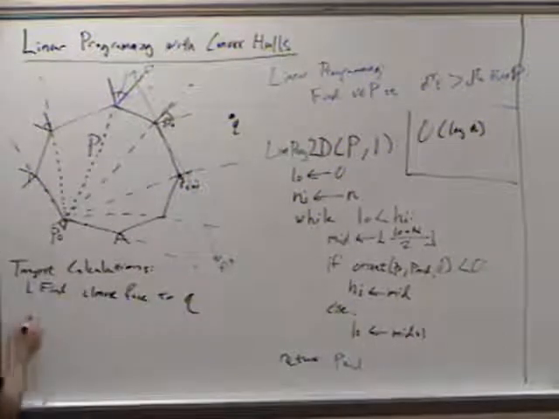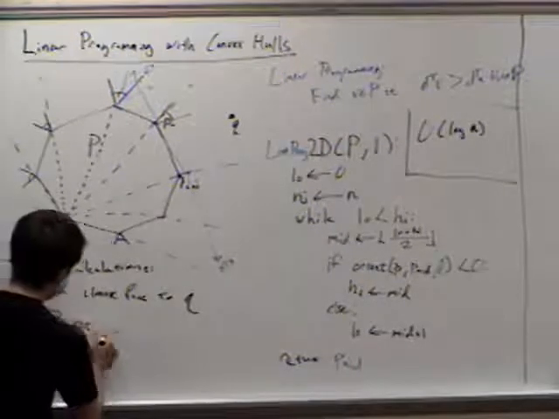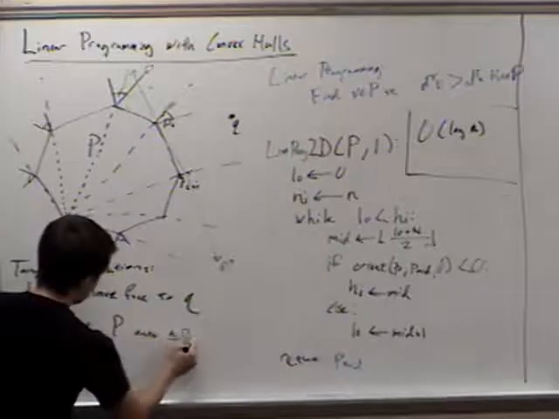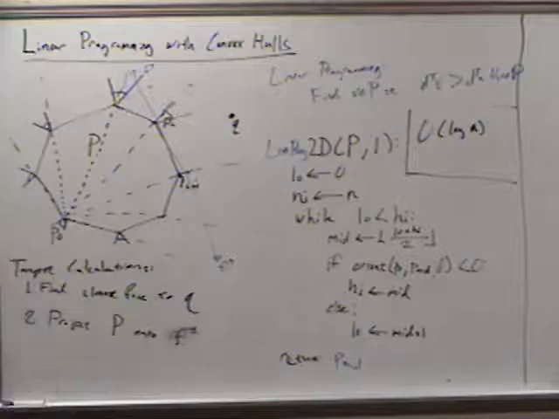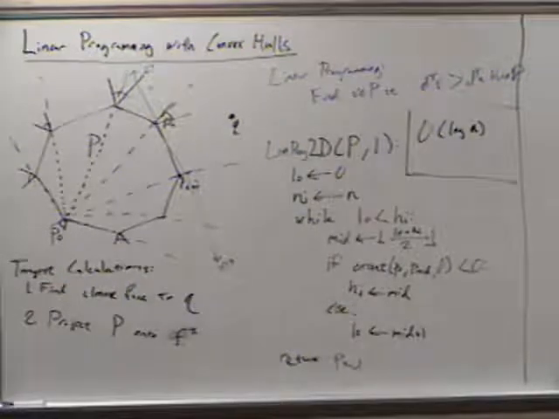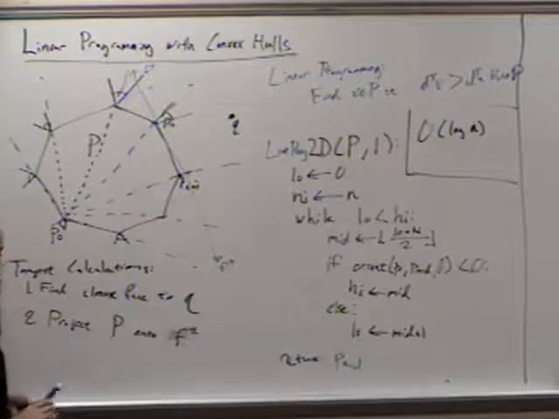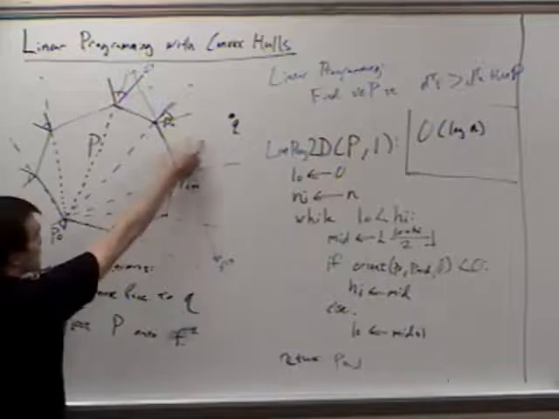Step 2, project the polytope onto plus minus F. That's it. Done. So here's how this works. What we're going to do is we first use a modified point membership test, or basically a linear programming search, to find the closest face.